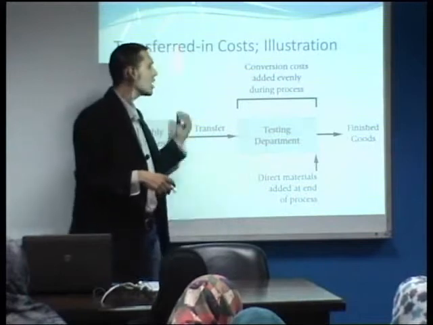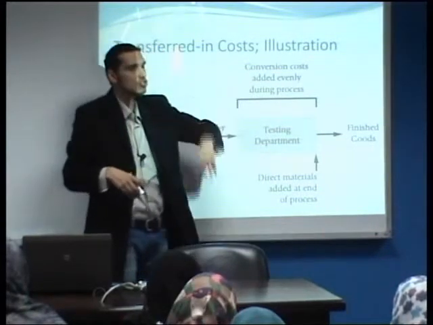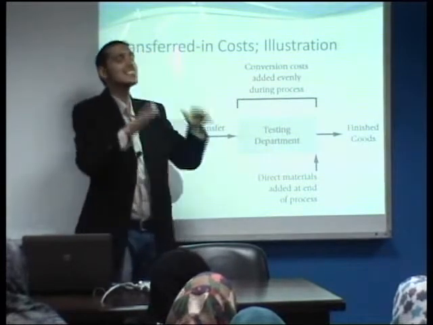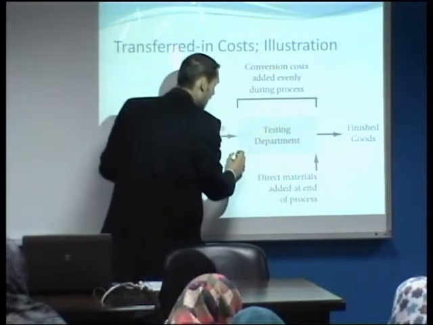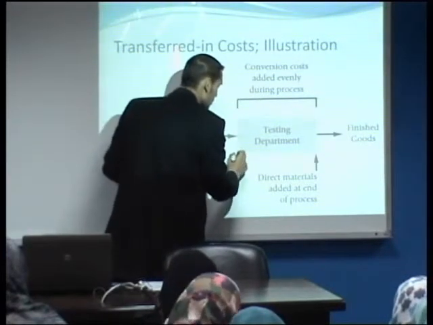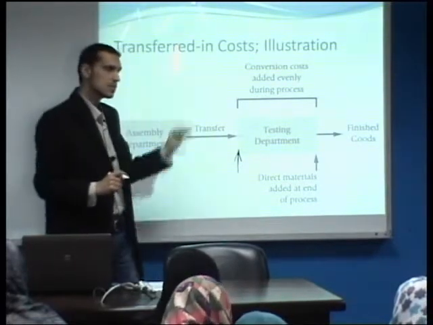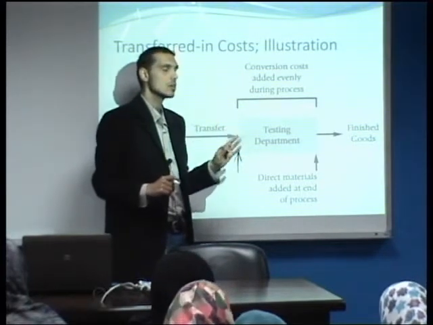Therefore, the costs that are transferred from the assembly department to the testing department are another category that is always added at the beginning of the production process. In this case, we would have 3 different categories. Why 3?